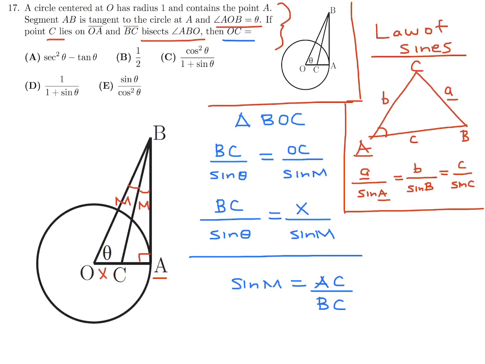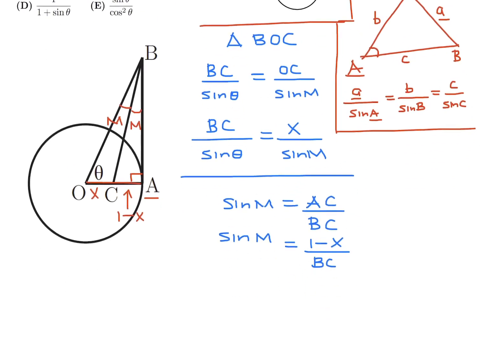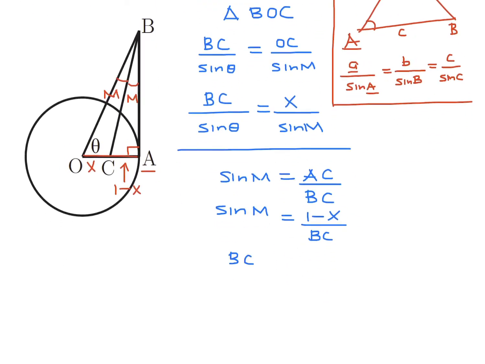Now, I've introduced AC, but if you pay close attention, since the radius is 1, this whole thing is 1, and OC is x, so AC is just 1 minus x. Therefore, the sine of m is equal to 1 minus x over BC, and therefore BC is equal to 1 minus x over the sine of m, like that.